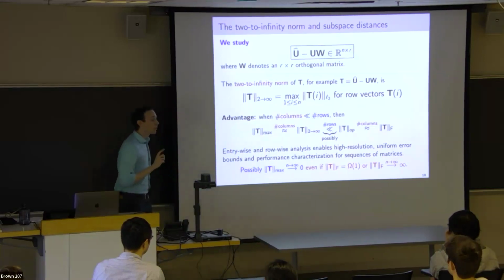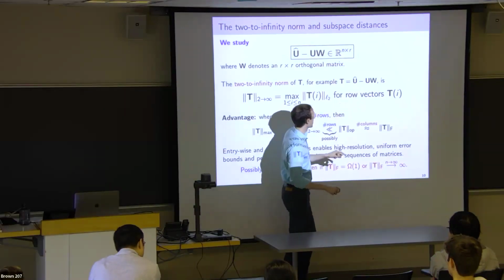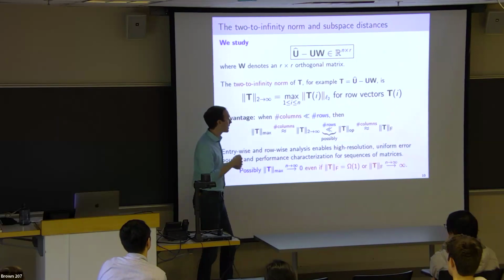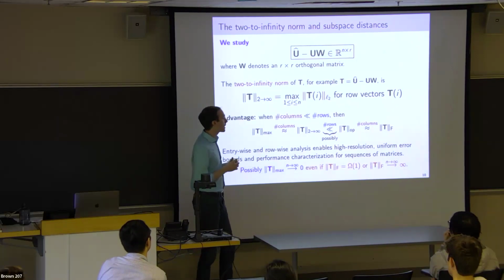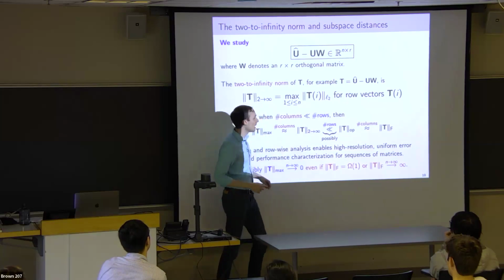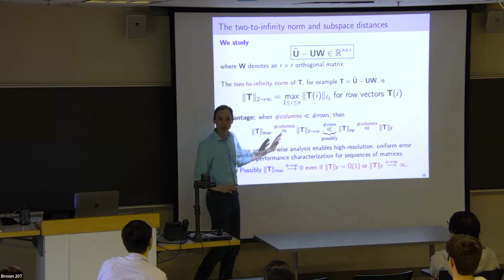And what this means is that if we can take the matrix of interest and study it directly in this norm, and decompose it and study it a little bit more carefully, then we can possibly obtain much stronger bounds directly on the 2 to infinity norm than if we just bound the Frobenius norm and use that as a trivial upper bound for the 2 to infinity norm.